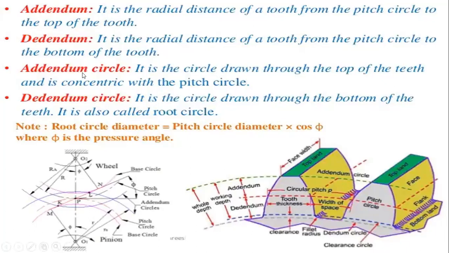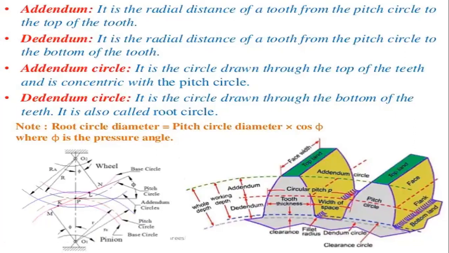Next one is the addendum circle. It is the circle drawn through the top of the teeth, that is the topmost layer of the addendum, and is concentric with the pitch circle.